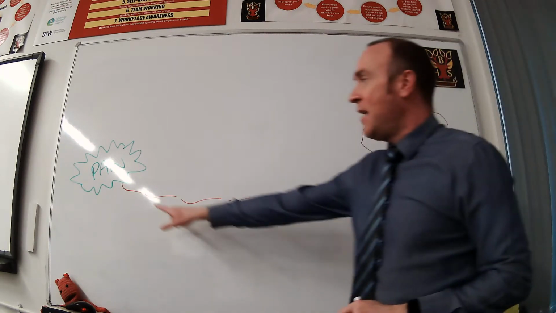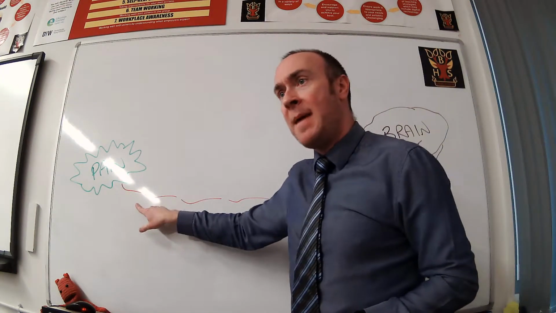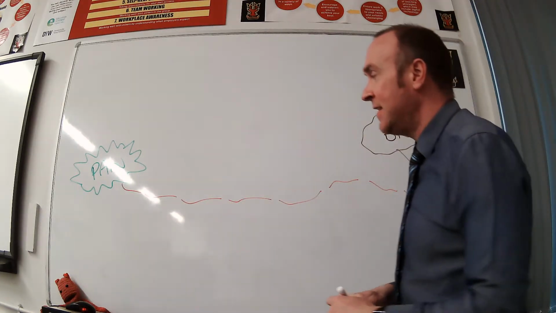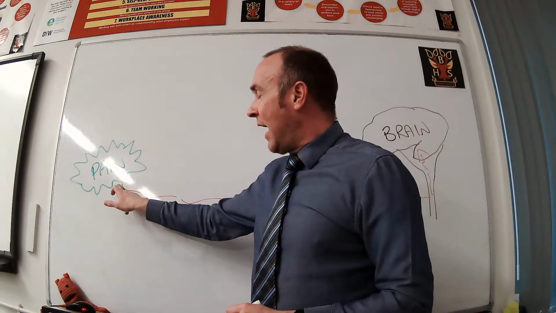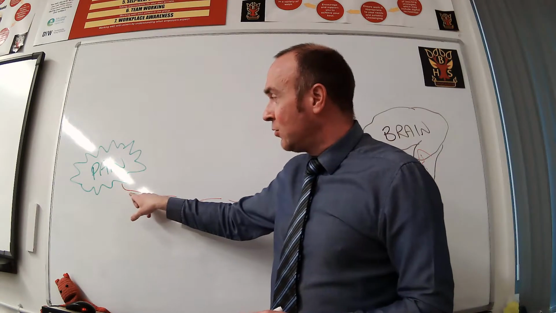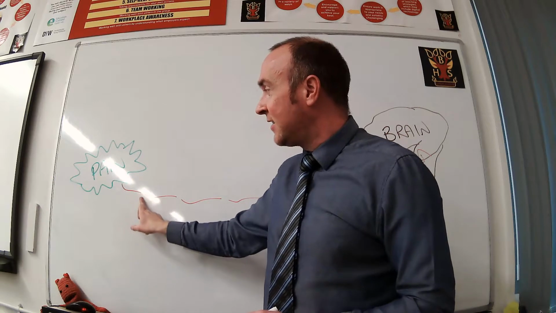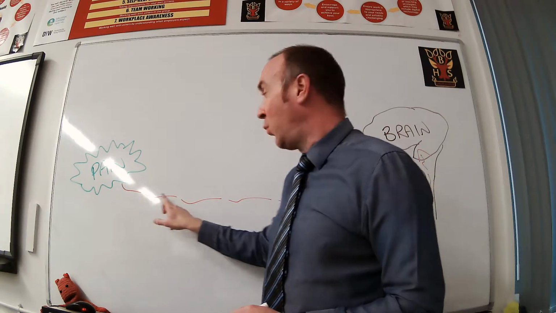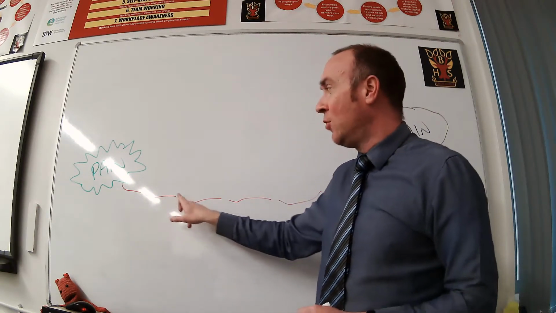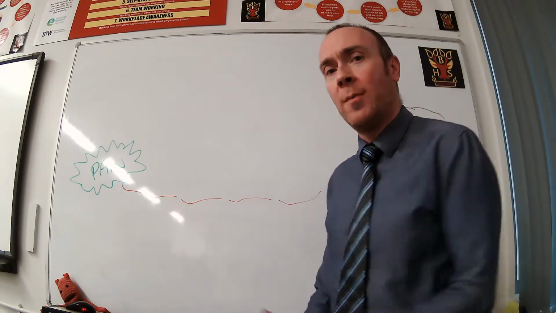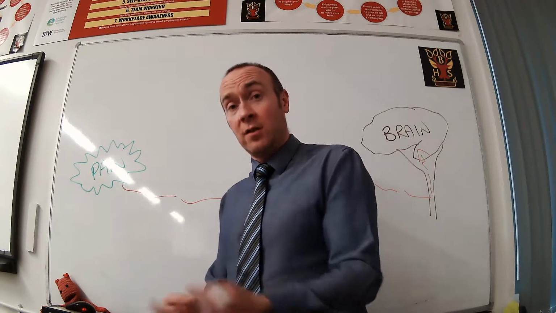Now, I have deliberately drawn many individual little nerve cells because it's really important to understand that. What happens is an electrical impulse is carried through a nerve cell, but the space between is called a synapse. The space between is where a chemical is transported, called neurotransmitter, and we'll learn a lot more about neurotransmitter in the third of these topics.